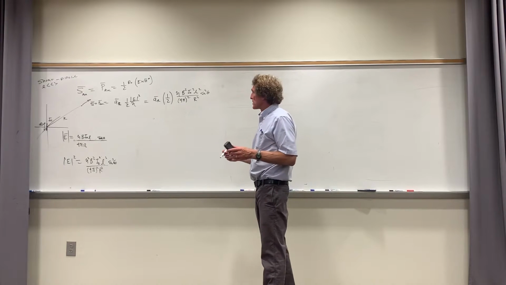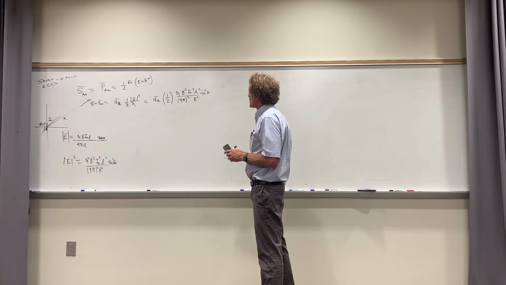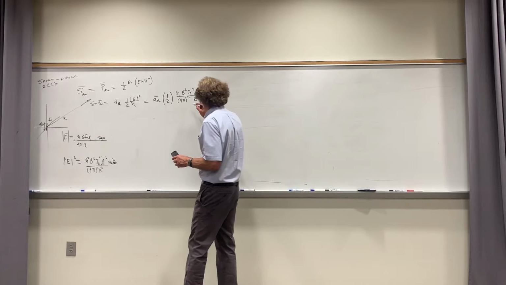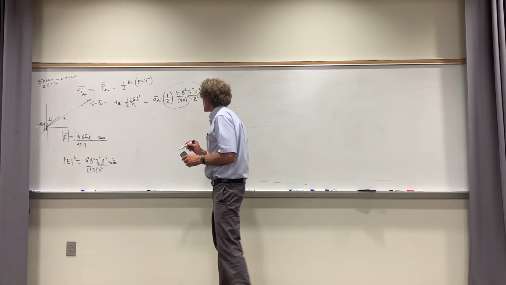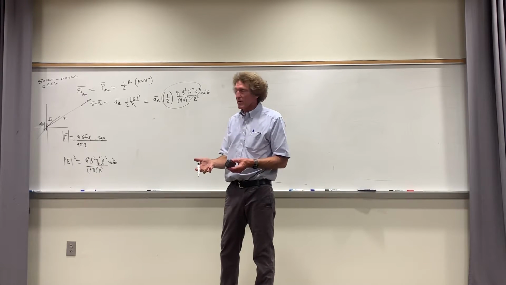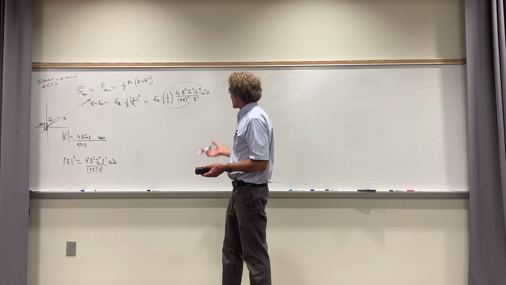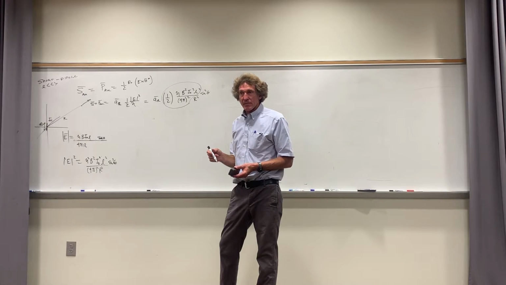I'm going to show you something that'll hopefully help you. Do you see how this whole thing here is just a constant? For a given length, a given I naught, and a given frequency, isn't that just a constant right there?